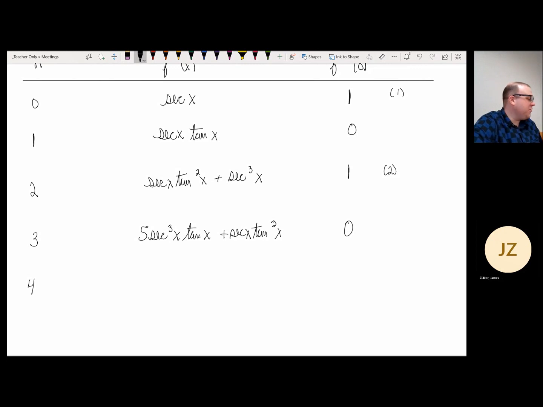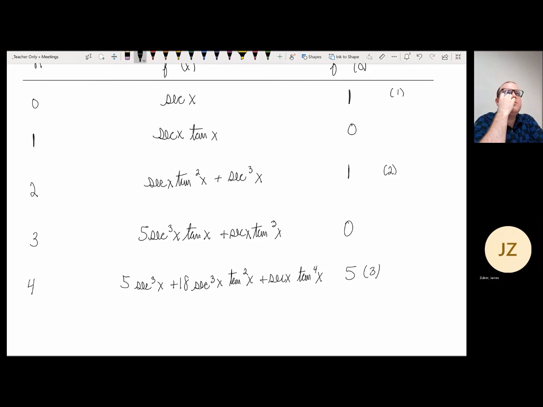I'm going to write out what the fourth derivative is. Now, if you evaluate that at 0, you get 5. There's our third non-zero term. We just need one more. Well, going off of the pattern, that means we're going to need to go 2 more derivatives out. Because the pattern holds, the fifth derivative should give us 0.